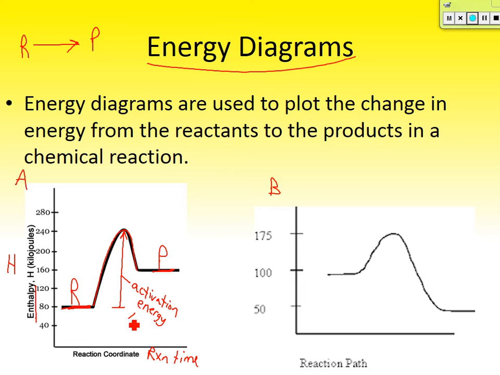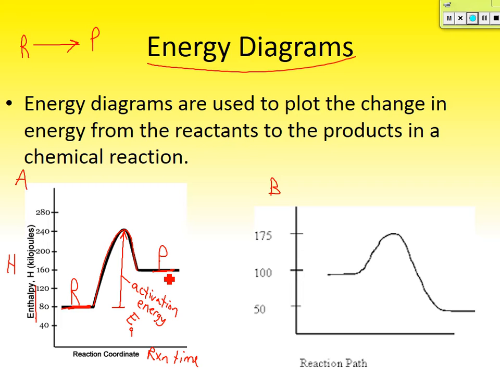And it's given the symbol E sub A for energy of activation. For the reactants to form the products, you've got to give them some energy, or else they'll just sit there forever. But if you give them this much energy, then the reaction will happen and you form the products. So the activation energy is the energy needed to start a chemical reaction.